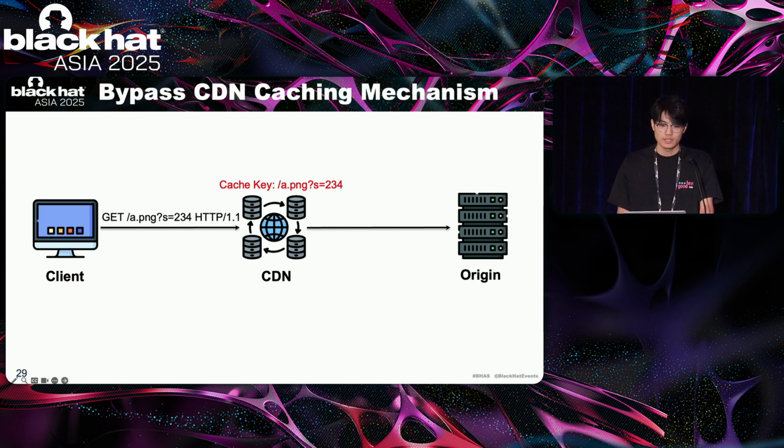In other words, if we change the parameter to s equal to 234, it will be treated as a new request not previously cached. So by randomizing the URL parameters, we can bypass the CDN cache.